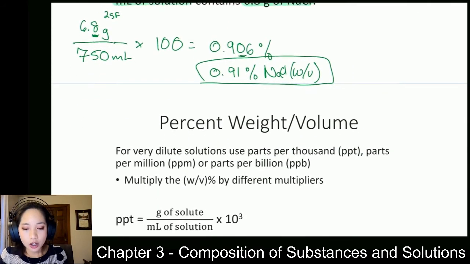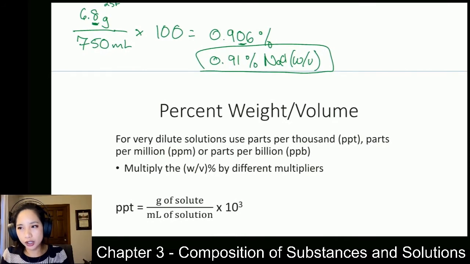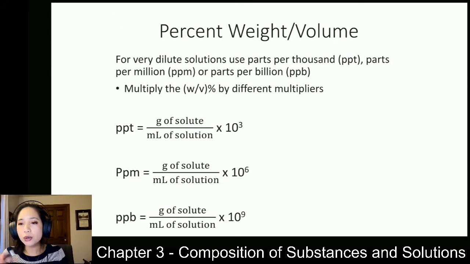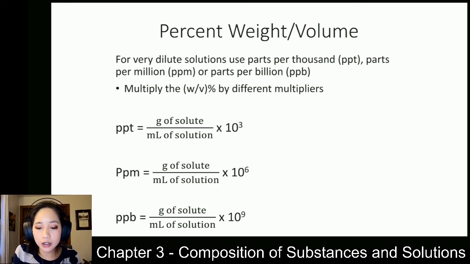Okay, so let's expand on percent weight volumes. There are also other ways you can express weight volume concentration. For very dilute solutions, oftentimes concentration will be reported in units of parts per thousand, parts per million, or parts per billion. You might have seen things like lead concentration in parts per billion in drinking water.